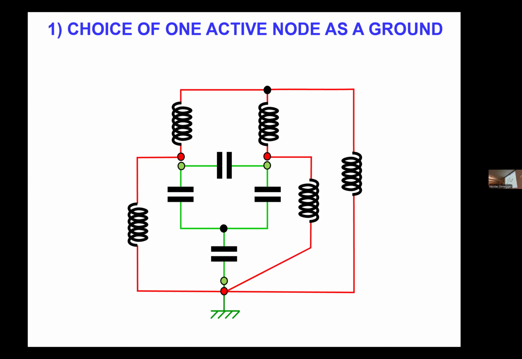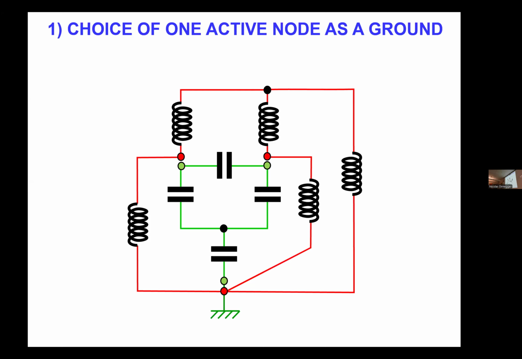So now the next step is to choose one of these active nodes and to declare it ground. This is going to be a reference, and we have to be very careful because this is an RF circuit. This is not a DC circuit, and the notion of the voltage of these other nodes with respect to this node is really tricky.